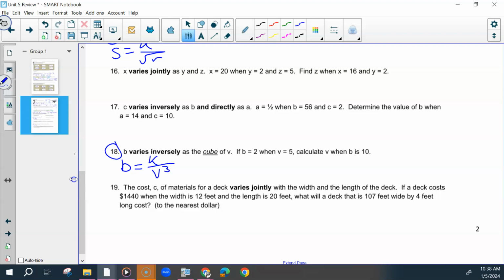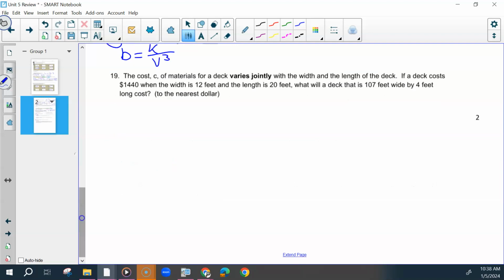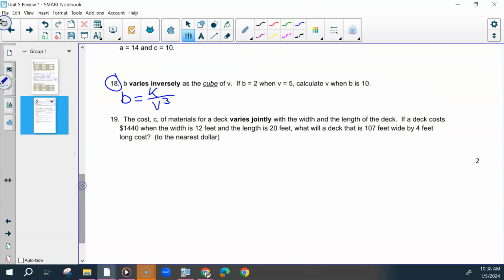Then we can put in all the numbers. So b equals 2, we don't know k, v is 5, and it's cubed. So you can either multiply it all together, 2 times 5 to the third. You can figure out what 5 to the third is first and then multiply it. It's really up to you.